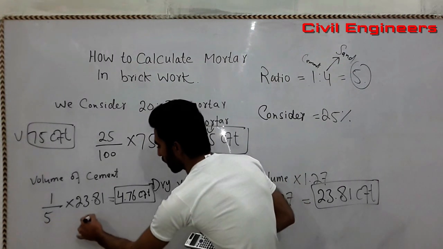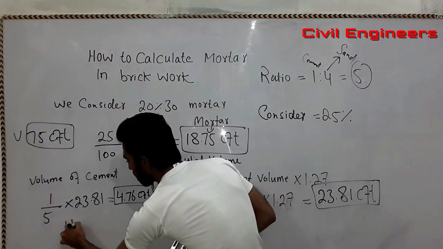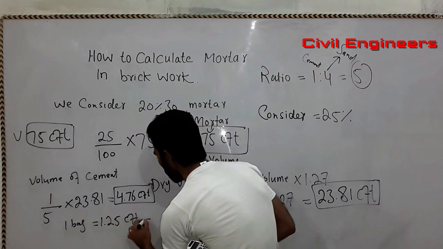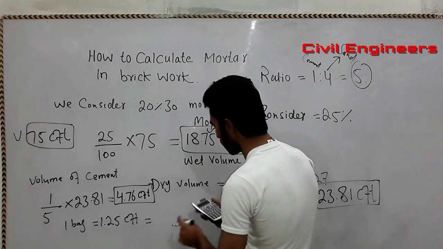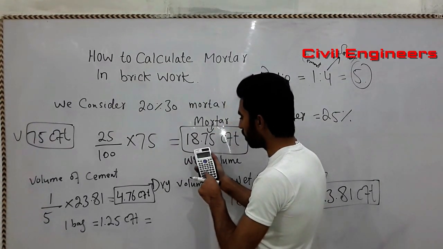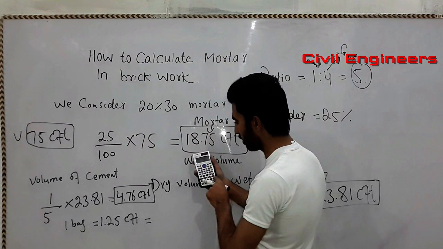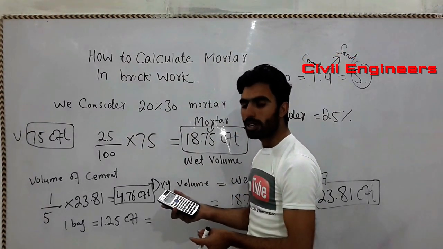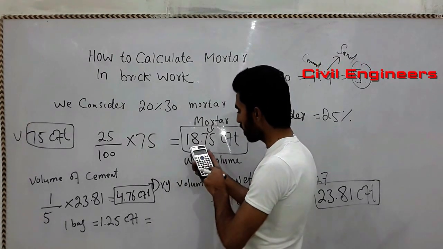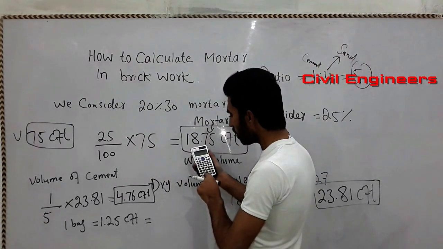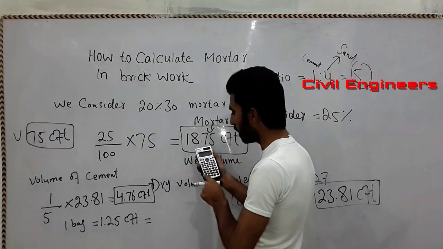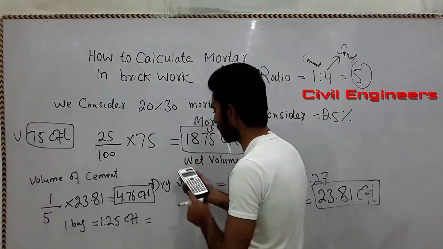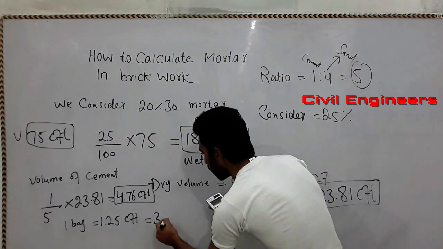Now I want to convert to bags. So 1 bag is equal to 1.25 CFT. So what will it give us? Multiply 1.25. Sorry, divide, not multiply, because total volume is divided by volume of bag. 4.76 divided by 1.25 will give us 3.80.